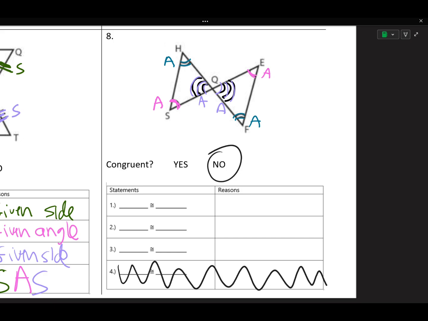However, let's practice naming our angles. Let's begin with the single arches. On the left, I'm going to call it angle HSQ. On the right, I'm going to call it FEQ. Next, let's do the doubles.